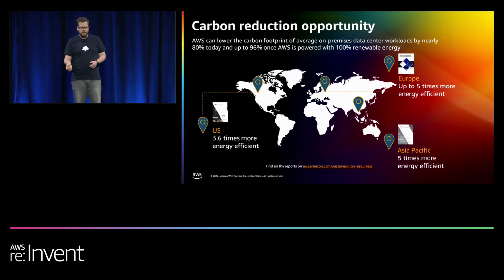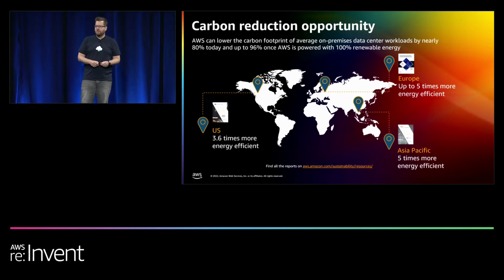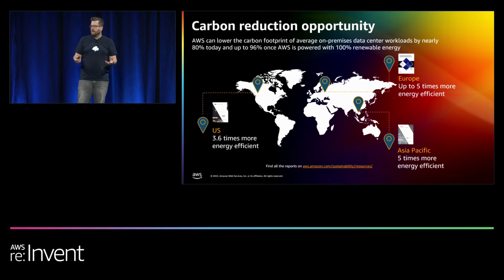So you can save 80% of the energy by moving your workload to AWS, and that comes from more efficient servers, higher utilization of the infrastructure, and more efficient facilities. And once AWS is powered by 100% renewable energy, that also contributes to a reduction of 96% of the carbon footprint.